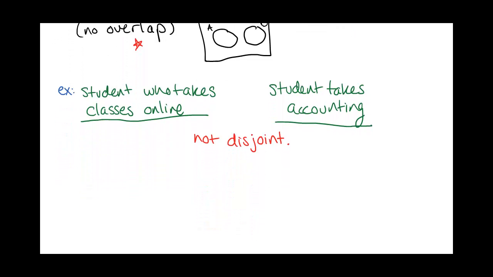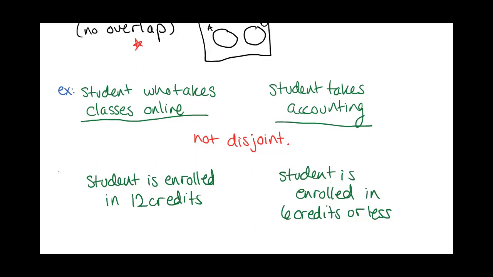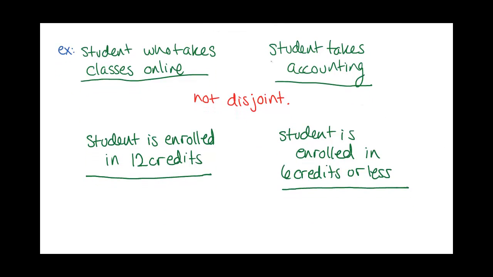Because students could do both, even though some might do just one or the other, or neither. Another example of two events, we've got the event that a student selected is enrolled in 12 credits, or a student selected is enrolled in 6 credits or less. Now, a student can't be enrolled in 12 credits and at the same time be enrolled in 6 credits or less. So these would be considered disjoint events.